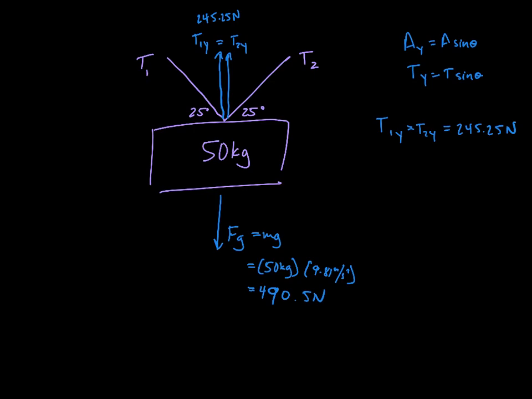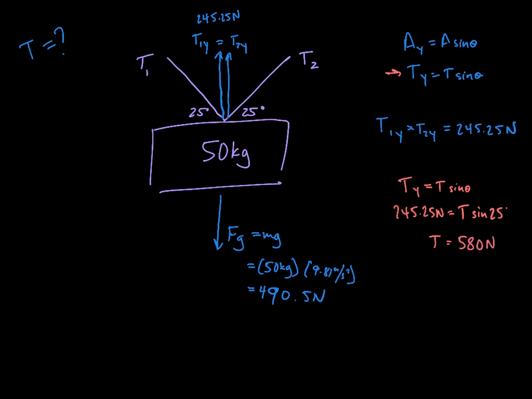We need to figure out what T is. That's the ultimate question. What is T? So we're going to use this guy over here. Because they're both the same, you don't have to do it twice over. They're both the same. So 245.25 newtons equals T sine of our angle 25 degrees. Divide both sides by sine 25, and you should get 580 newtons.